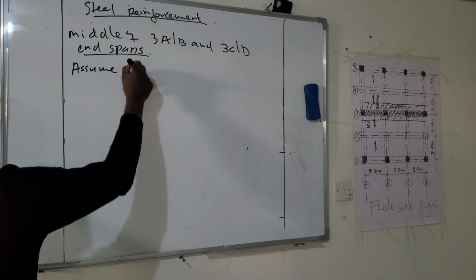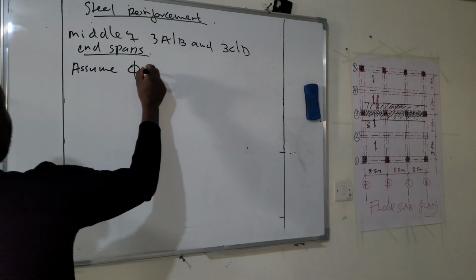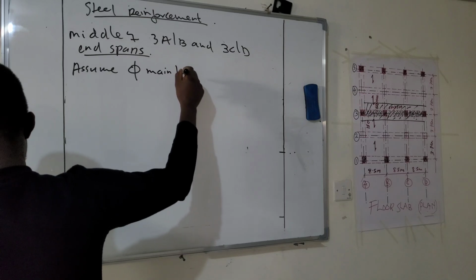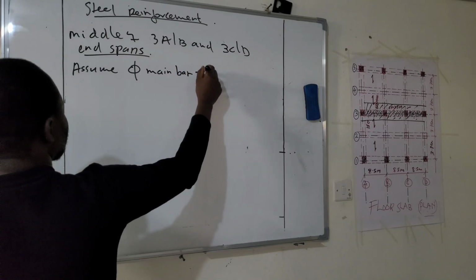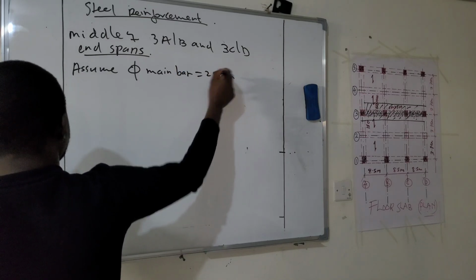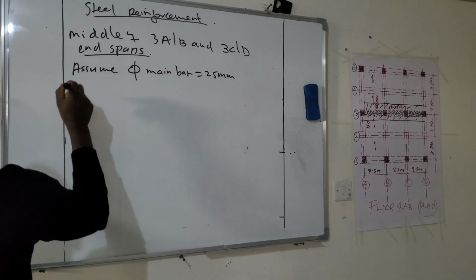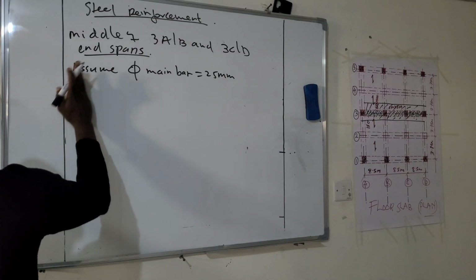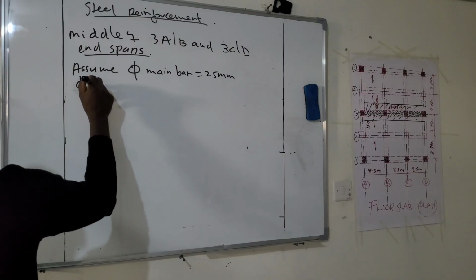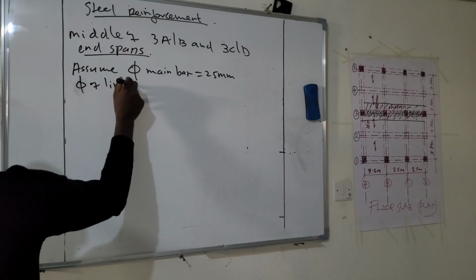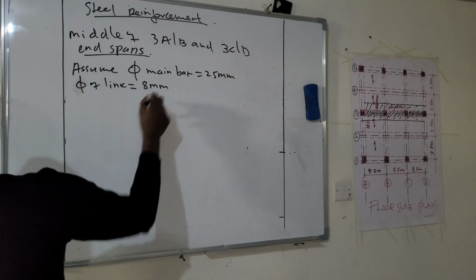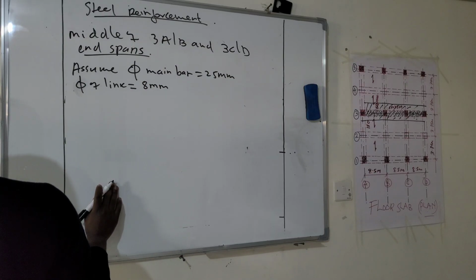So we'll assume diameter of main bar is equal to 25 millimeter, and the diameter of the link is equal to 8 millimeter.